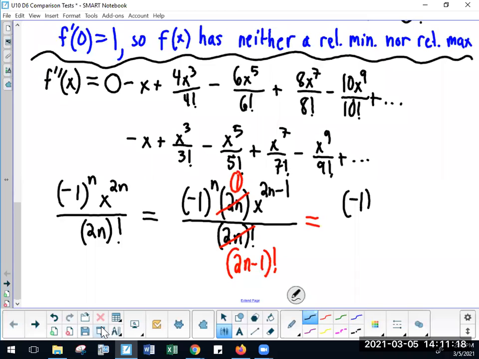So I have negative 1 to the nth power times x to the 2n minus 1th power divided by 2n minus 1 factorial. Pretty nifty math, I think. And you'll notice that matches what we have up here.